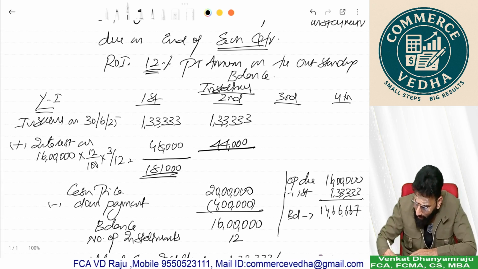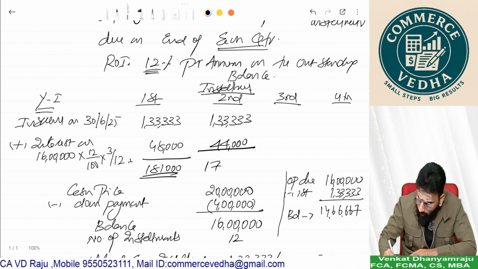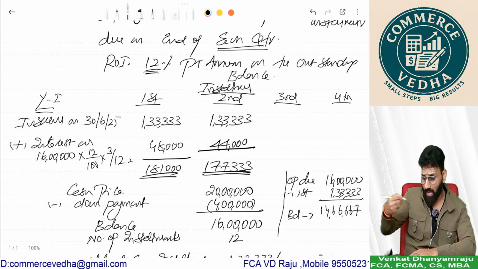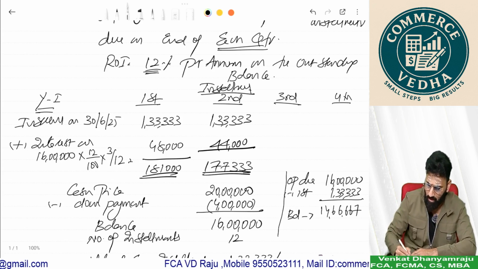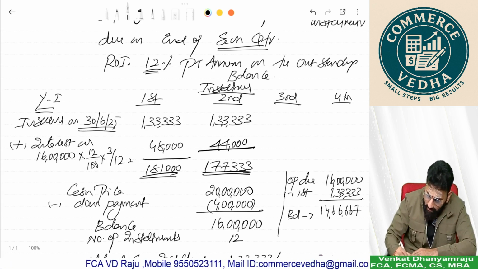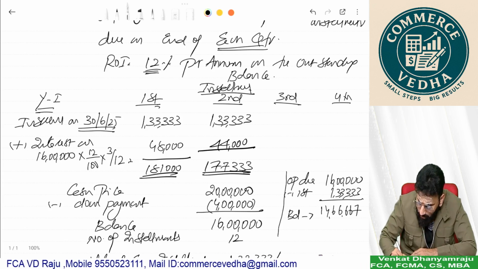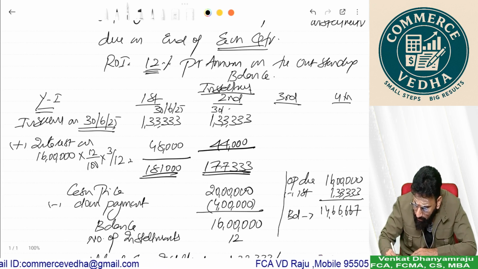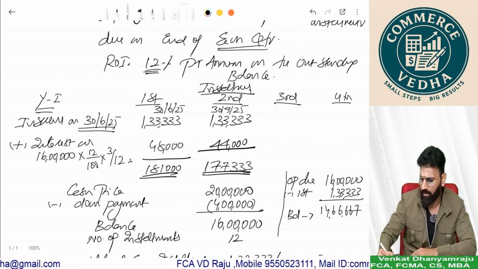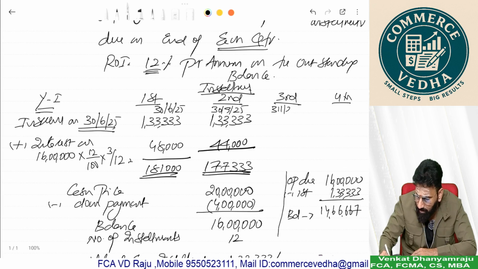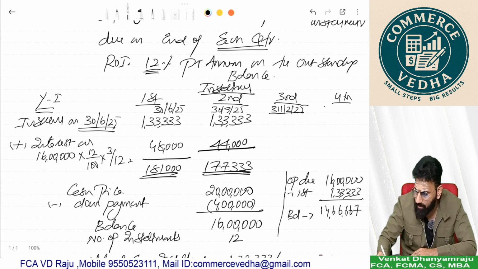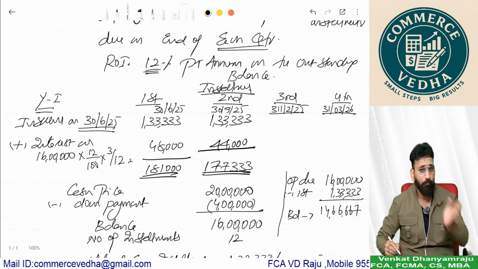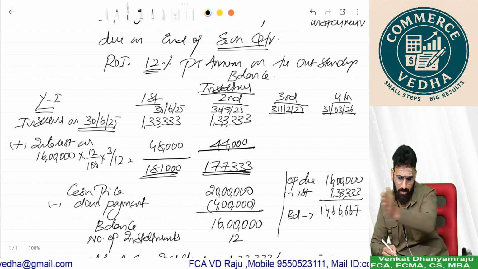You are paying an installment of 177,333. And the third installment, this is on 30th June, this is on 30th September, this is on 31st December, and this is on 31st March. Every 3 months, every quarter.